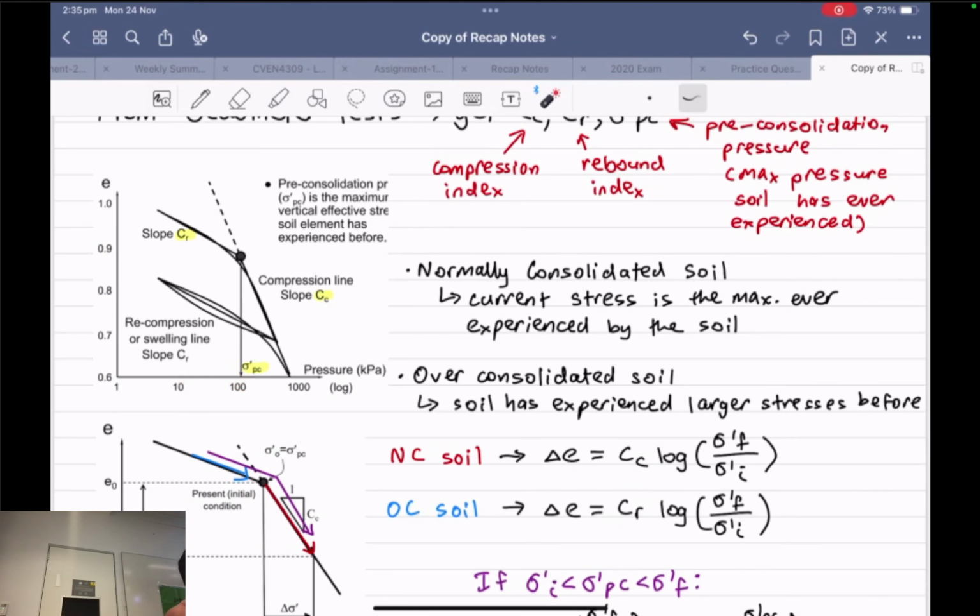So it's gradient times your X difference. The gradient is CC or CR, and your difference in X is equal to the log of your stresses in a fraction. That's because this X-axis here is a log axis, so we do log of whatever pressure value.